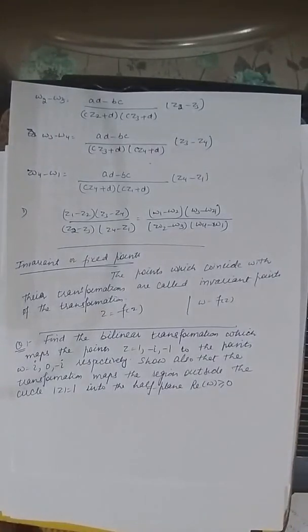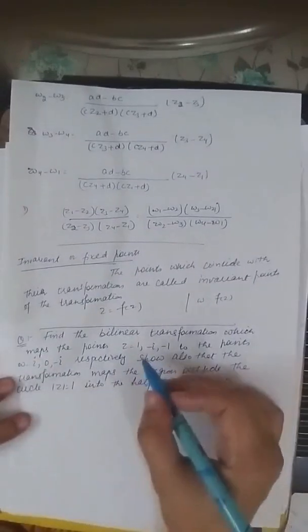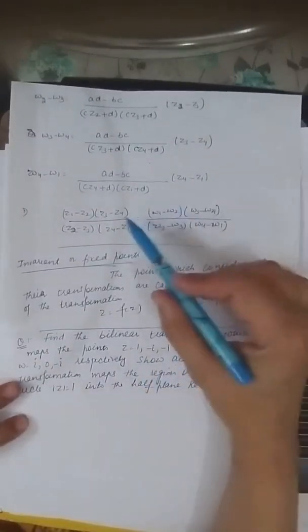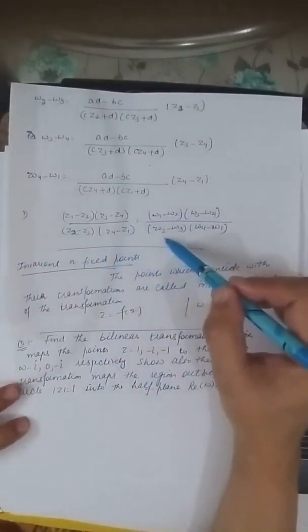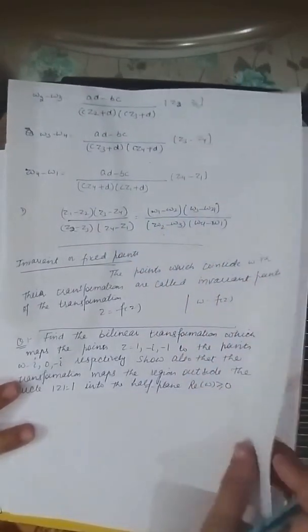Now first of all I will find the bilinear transformation, and for this I will use this theorem that under bilinear transformation the cross ratio is preserved.